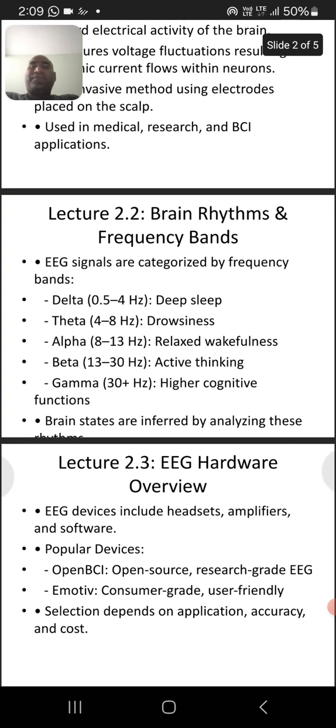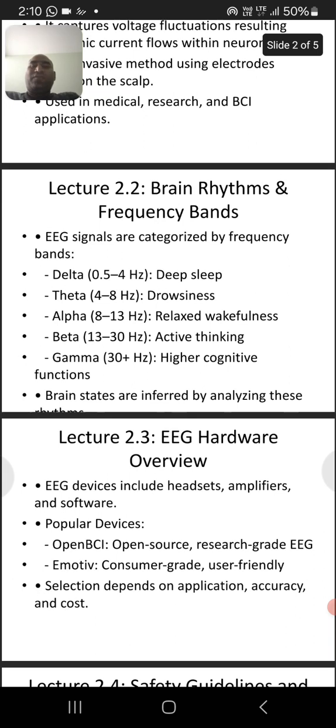Delta waves are 0.5 to 4 hertz, occurring in deep sleep, and theta waves are 4 to 8 hertz, which occur with drowsiness. When you feel drowsy, the waves consist of theta waves, 4 to 8 hertz, and alpha waves, 8 to 13 hertz, are relaxed wakefulness.